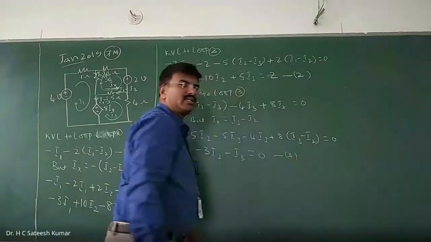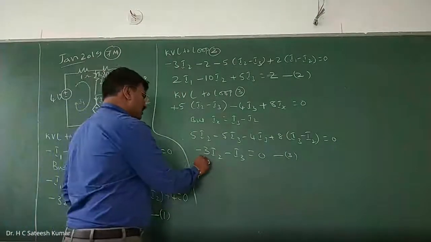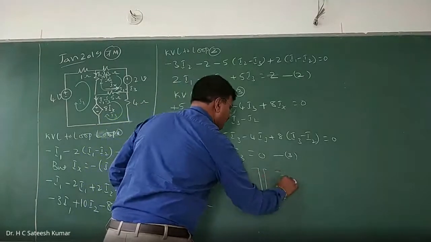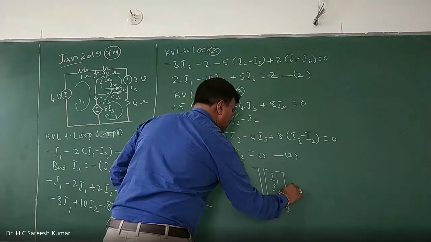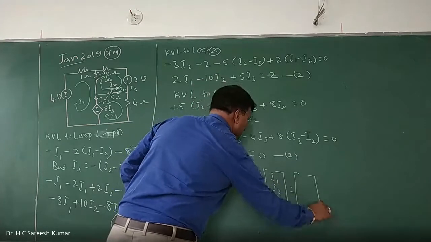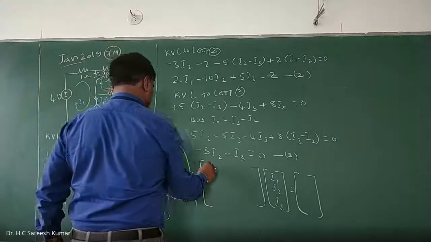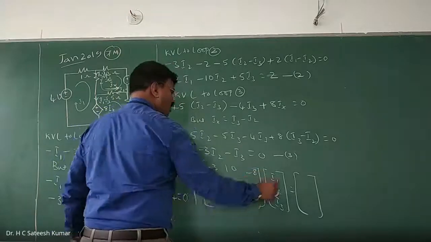Now you write down the matrix for it. Is that okay? Go for the currents I1, I2, I3 in the matrix format. You write it from the loop equations. Write it in matrix form: minus 3, then minus 8, minus 4.